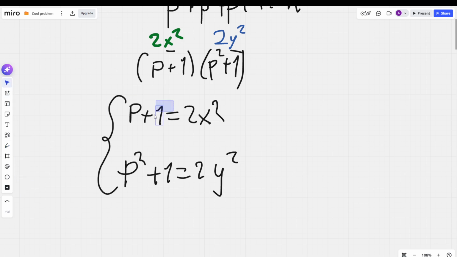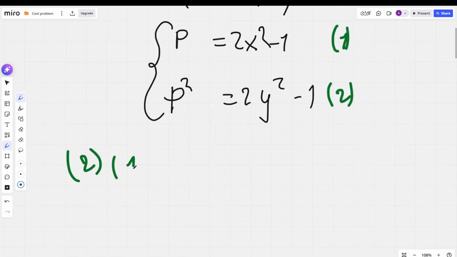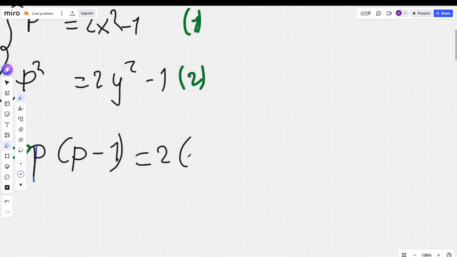And to do so, we're gonna move the plus 1 to the other side. Let's call this one equation 1 and this one equation 2. Then subtracting equation 1 from equation 2, we get that p times p minus 1 is equal to 2 times y squared minus x squared, that we can factor as y minus x and y plus x.